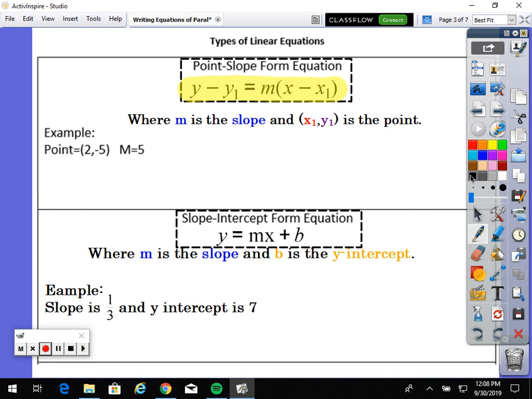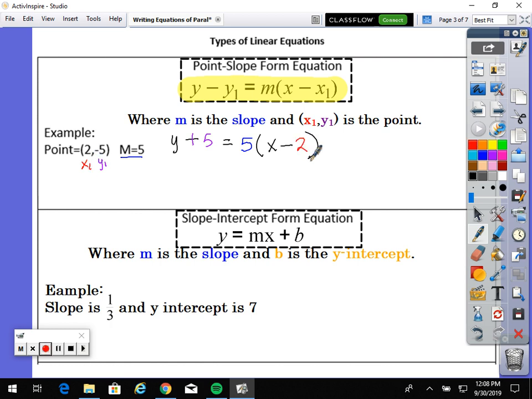So I'm going to start with y minus, and then I'm going to put in y1, which in this case, my y1 is -5. So since it's a -5, that's going to be a +5. And then I'm going to plug in my slope, which in this case is 5. And then x minus my x1, which is 2.